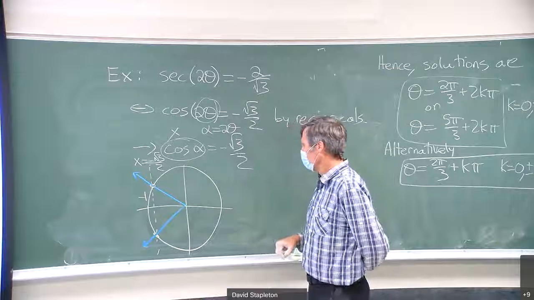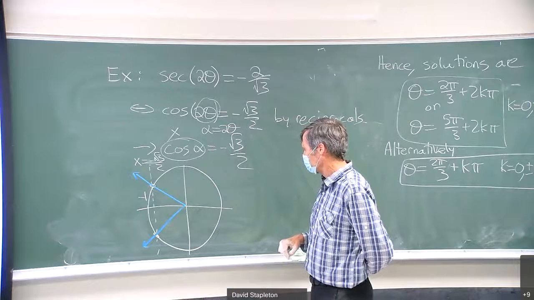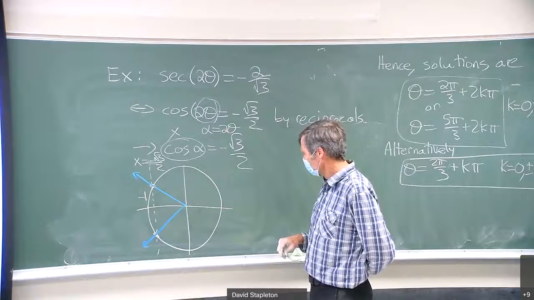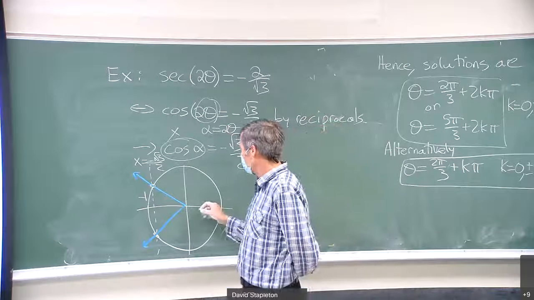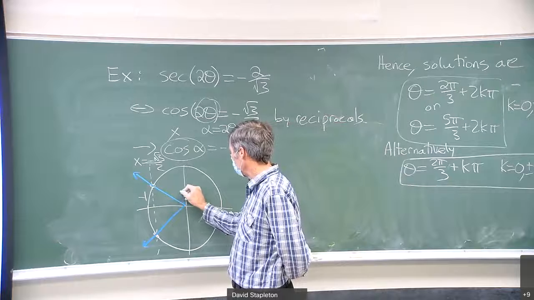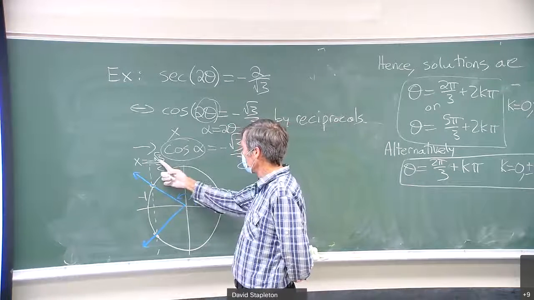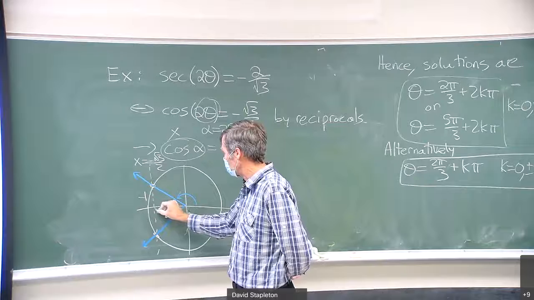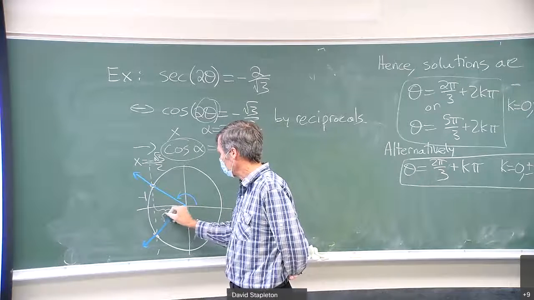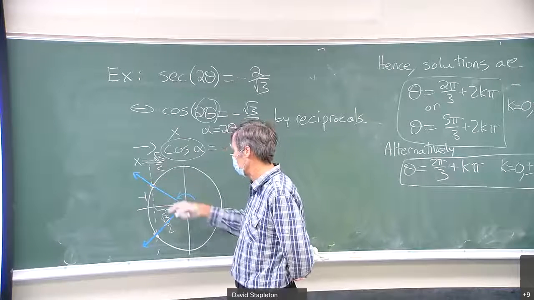All right, so those are the 2 terminal rays. What angle is that? Well, you look at it and say if the x coordinate is minus square root 3 over 2, then this side length is plus square root 3 over 2. The x coordinate is negative, but the side length is the absolute value of that.